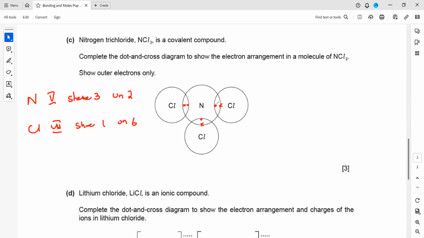Chlorine shares 1, nitrogen shares 1. You have to draw 6 unshared electrons on each chlorine. Nitrogen belongs to group 5, so it shares 3, and unshared will be 2. So this is the covalent structure of nitrogen trichloride.